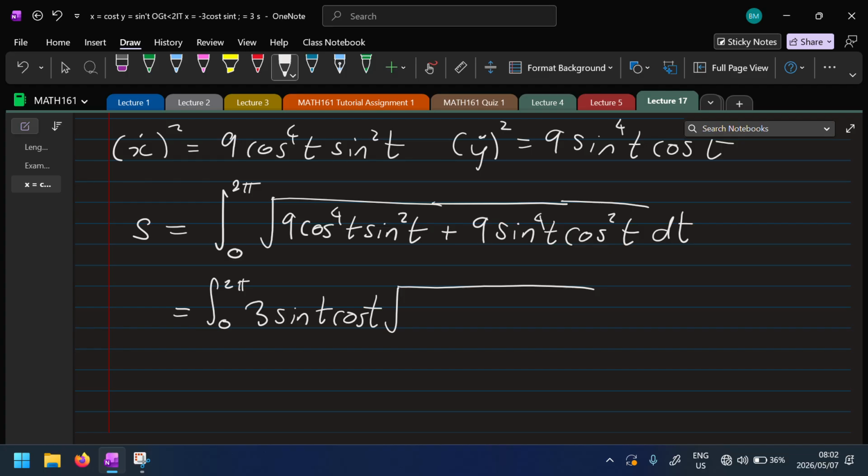And just a note here, either you can remember this or you need to put it, but the root of something squared is, if I have roots of x squared, it becomes?